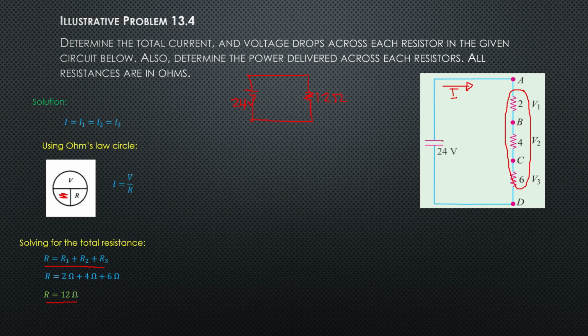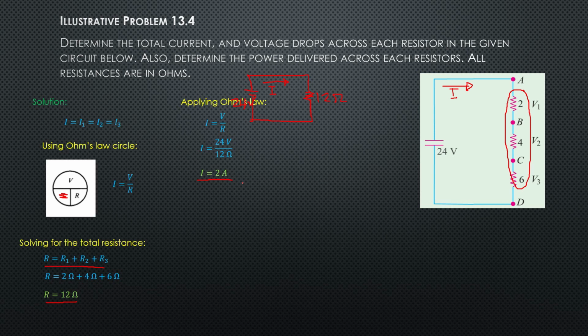So this is the simplified circuit, and the current I will flow in the circuit. Now applying Ohm's law, I equals V all over R. The total voltage is 24 volts divided by the resistance, which is 12 ohms, and that gives us 2 amperes.